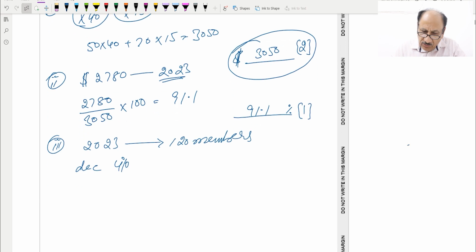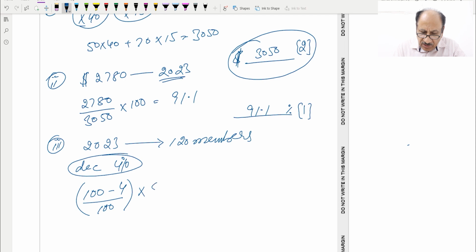So this is a reverse percentage question. We don't have the original starting number, so we'll take 100 minus 4 because of the decrease. If it is a decrease, we take minus, and if it is an increase, we take plus. Divided by 100, this is how we calculate percentage increase or decrease, and the x number which we don't have results in 120 members. After forming the equation, we need to find the value of x.